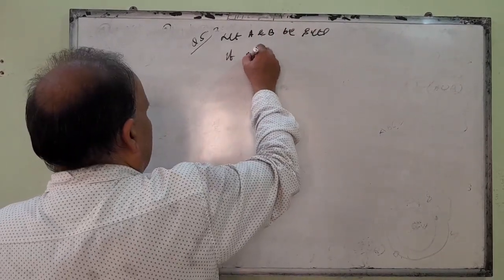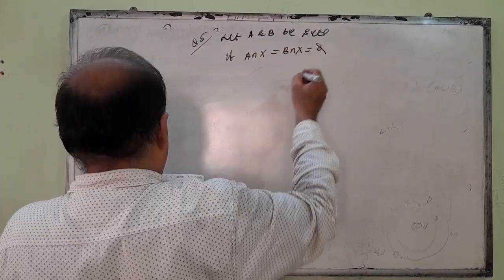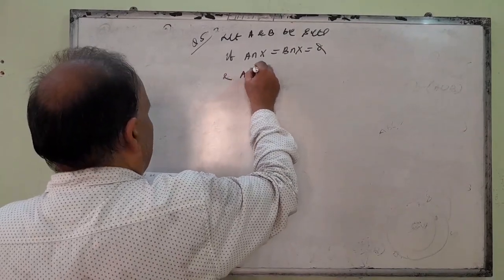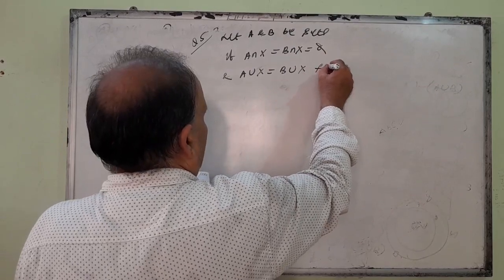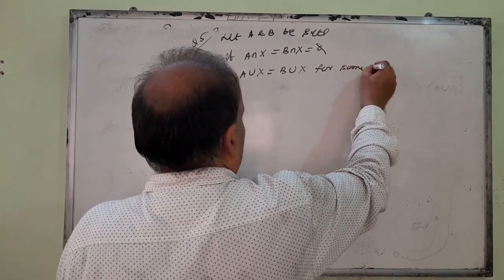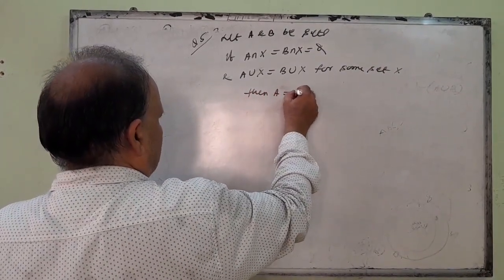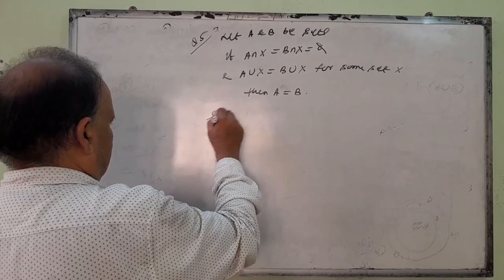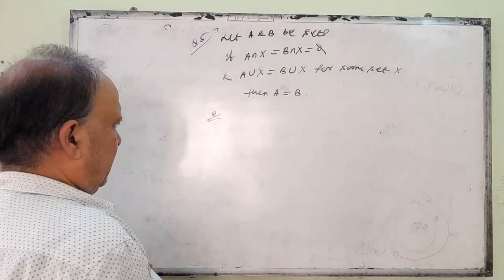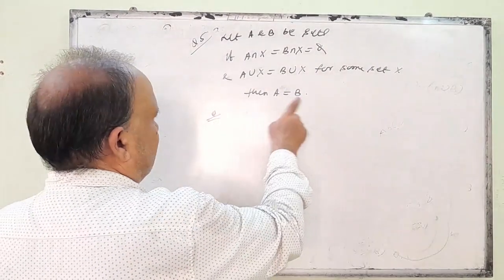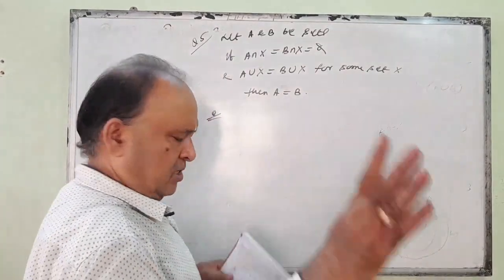If A intersection X is equal to B intersection X is equal to phi, and A union X is equal to B union X for some set X, then A is equal to B. Proof: we have to show A is equal to B. For this, in part 1 we show A is a subset of B, and in part 2 we show B is a subset of A.